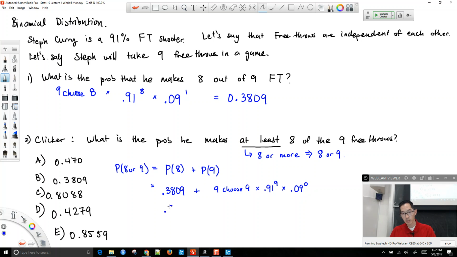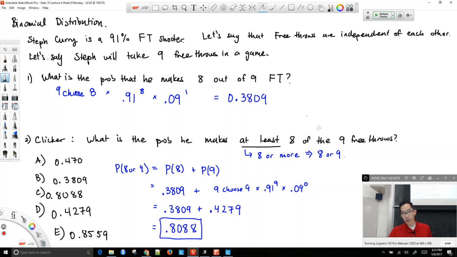This simplifies to 0.3809 plus 0.4279. So this actually says he is more likely to make all 9 out of 9 free throws than he is to miss one of them. And this gives us a total of 0.8088. So the correct answer is C.